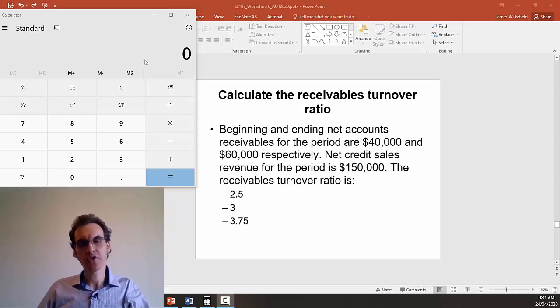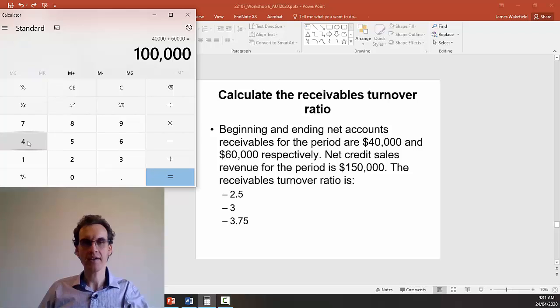So to answer this question, the first thing that you want to do is calculate what the average accounts receivable are. So if the beginning accounts receivable for the period is $40,000, and the ending is $60,000, and we add those two together, we have $100,000. We divide by 2 to get the average.